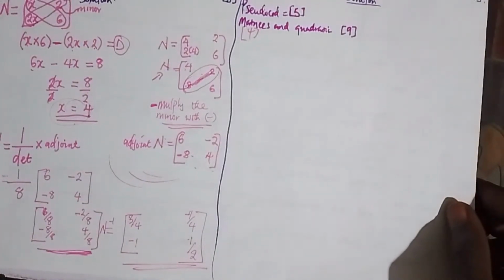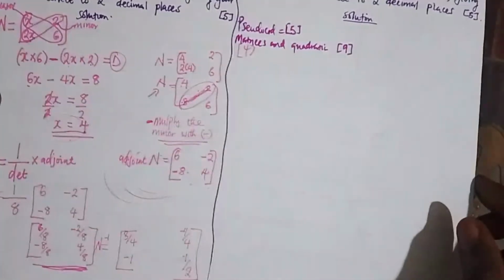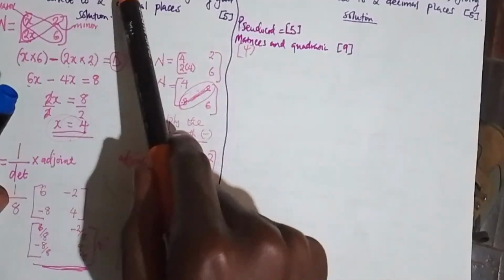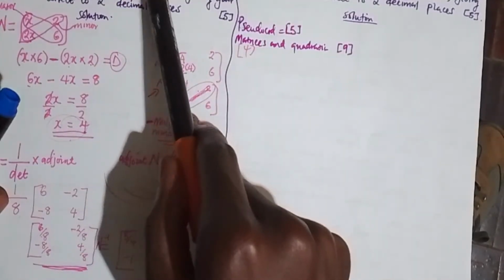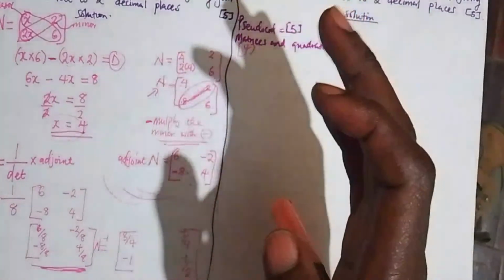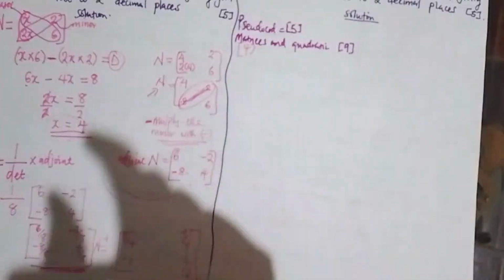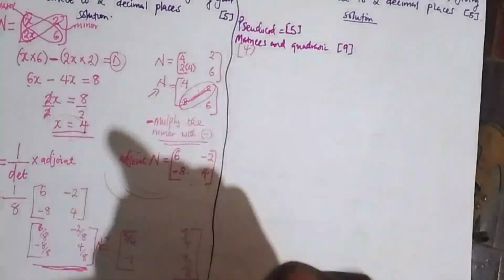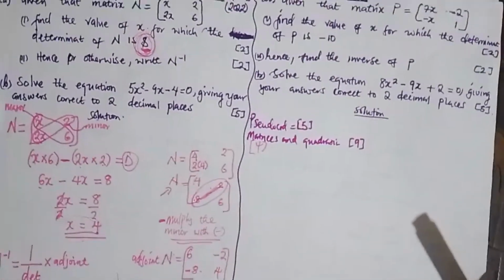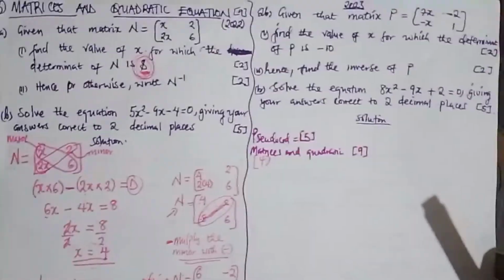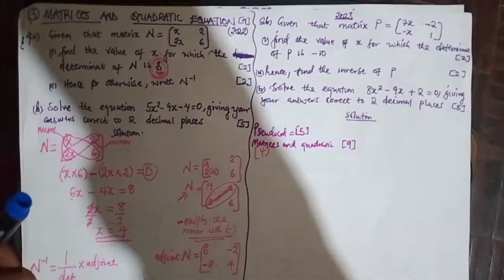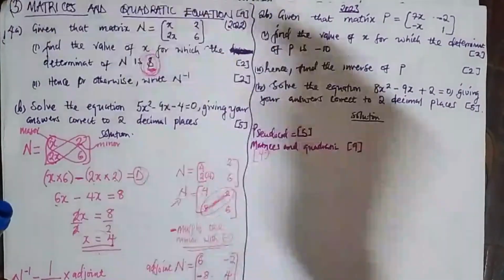So now moving on to our question 2, which is: solve 5x squared minus 9x minus 4 equals 0. So this is a quadratic equation. It carries 5 marks and it is one of the simplest topics again.